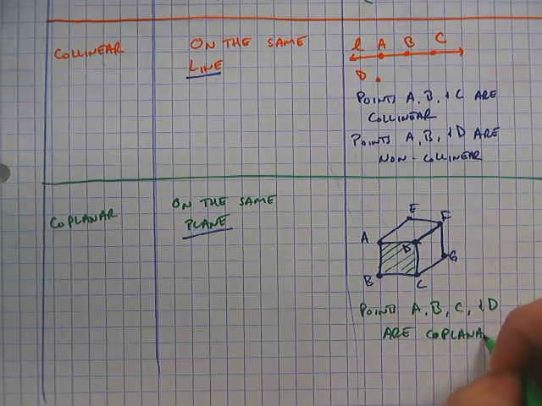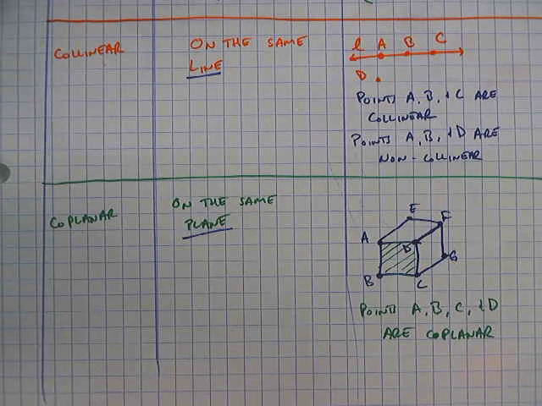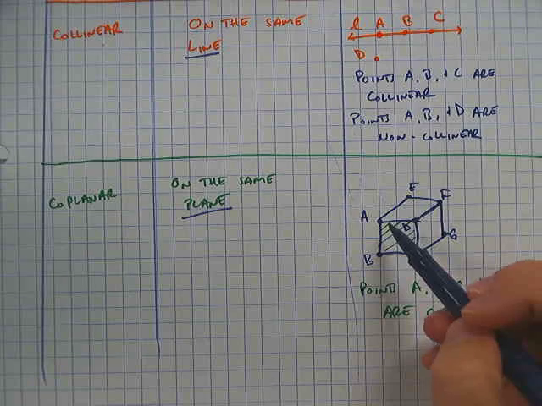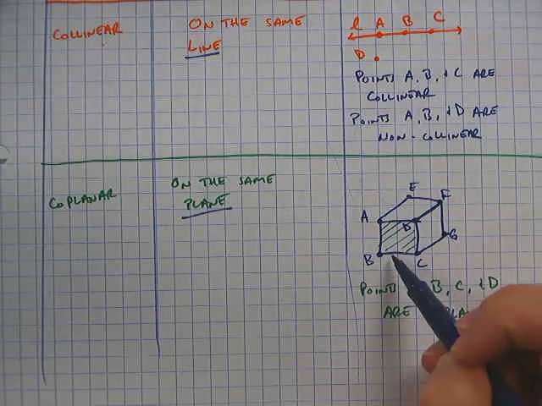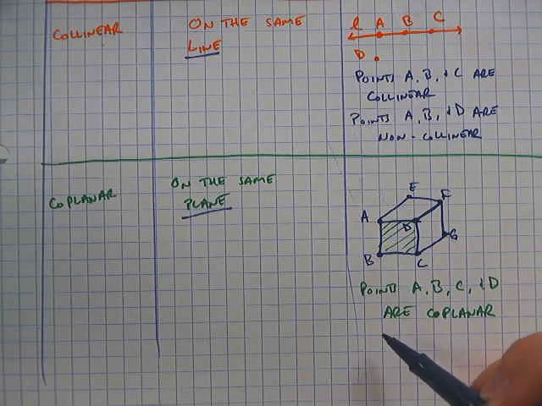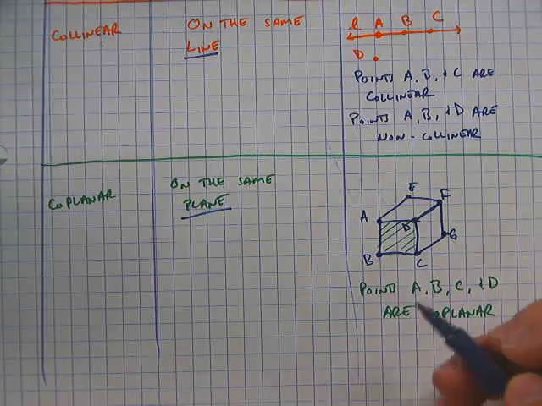So if I'm looking at the front face, the front face here has A, B, C, and D on it. So those would be coplanar points. So I could say points A, B, C, and D are coplanar.